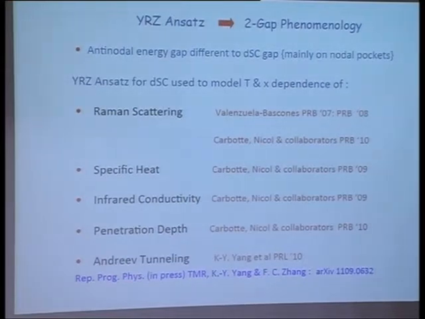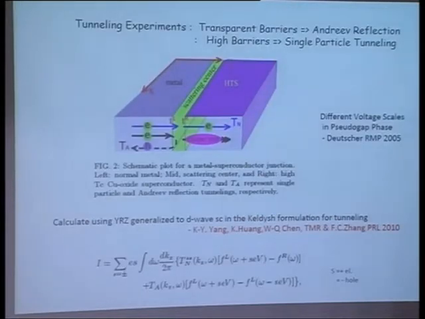Let me just say a few words about the last topic that I have down here, which is Andreev tunneling, because that bears a lot on this question of whether the gap in the antinodal region is a superconducting gap or some form of insulating gap. The idea goes back to earlier work by Guy Deutscher, which is to compare the tunneling spectra for Andreev tunneling and for regular single particle tunneling.